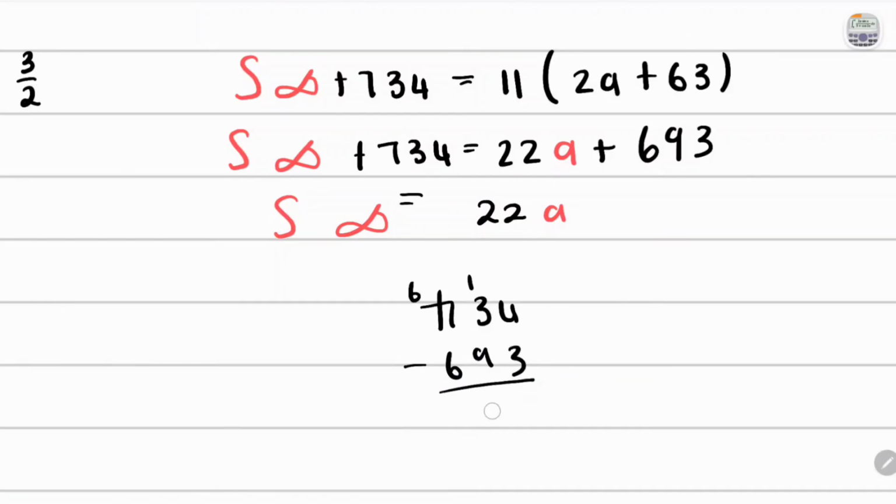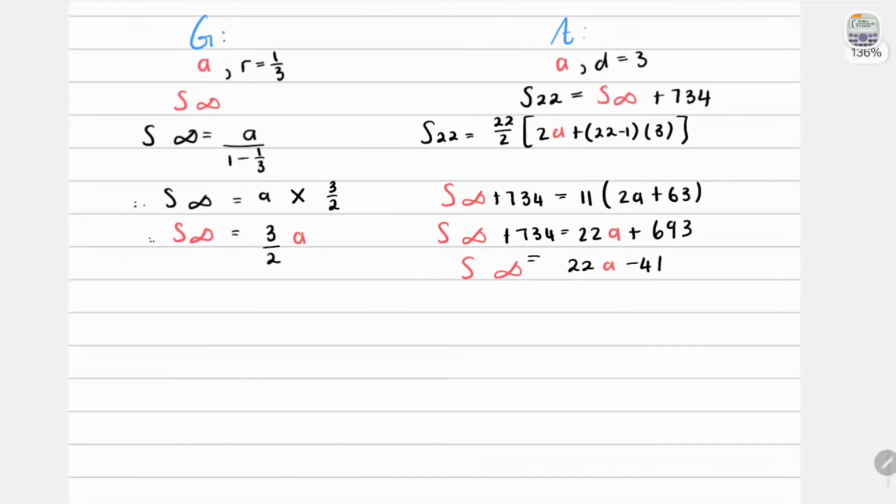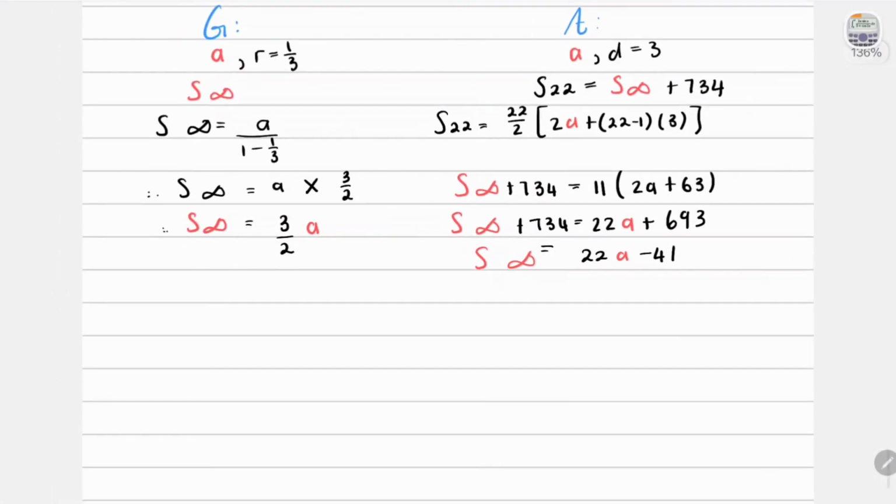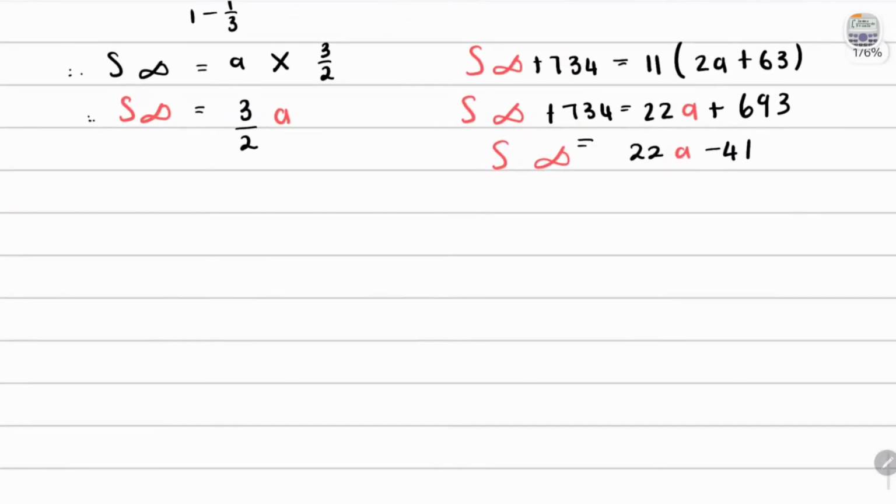So that will be negative 41. So minus 41. And now we have the sum to infinity and the sum to infinity, which represent the same thing. So we're going to equate them. Sum to infinity is equal to the sum to infinity. So 3 over 2a is equal to 22a minus 41.